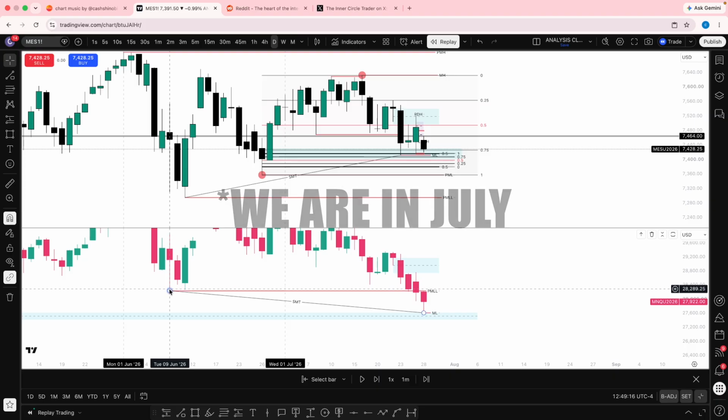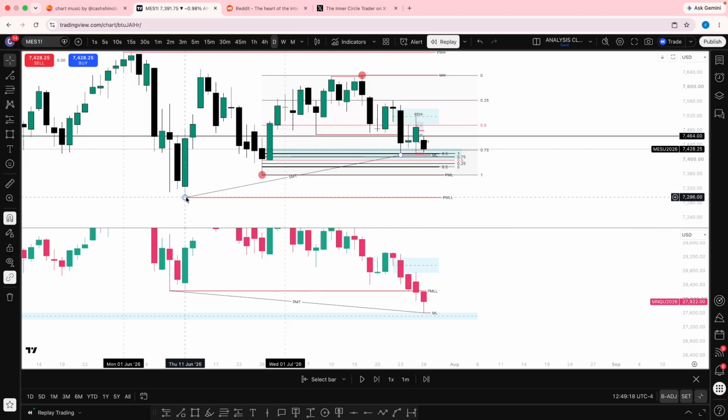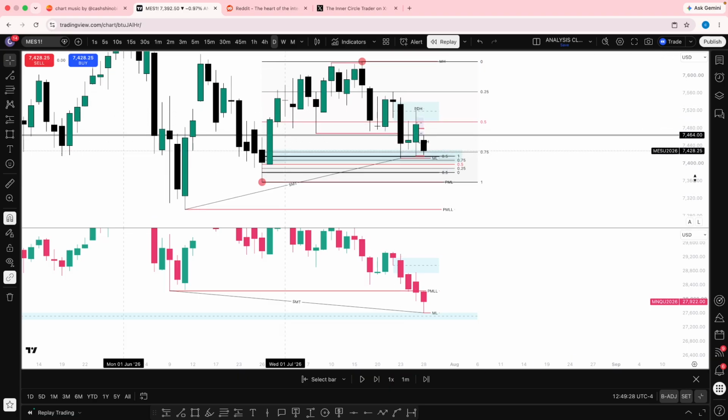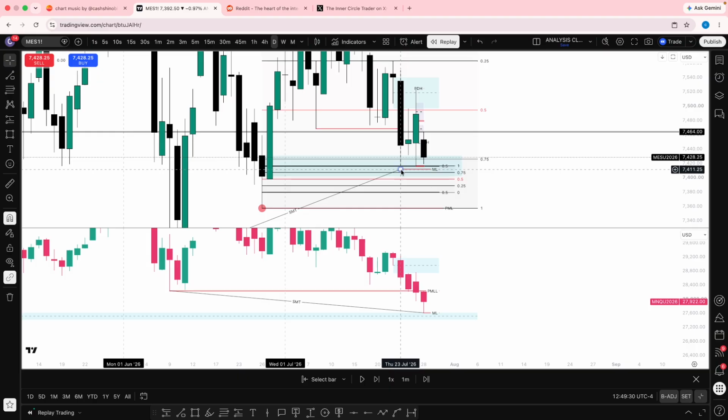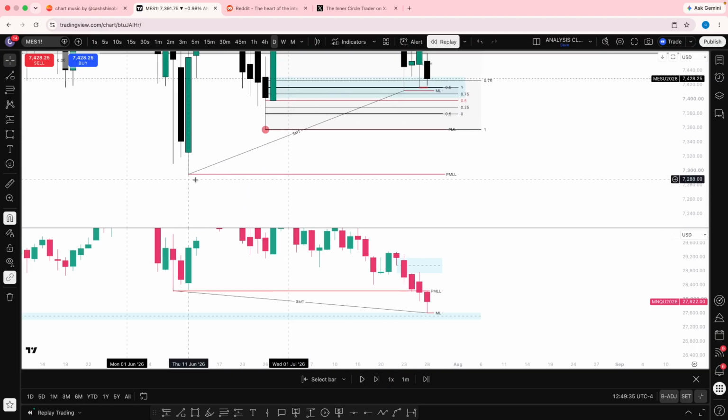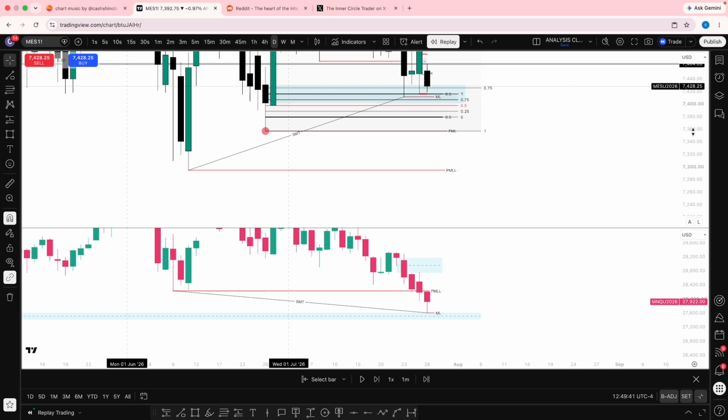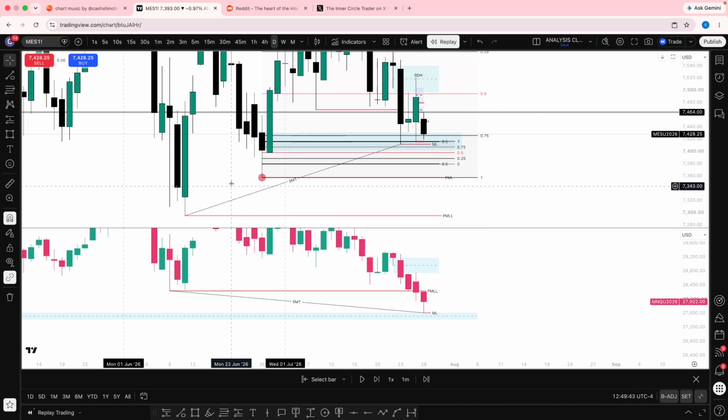Compare the low on ES with NQ around the same area right here. If you look, you'll see that ES has not run that low over here yet, but NQ already ran it. So that's another confluence that I have, and we're in deep discount.